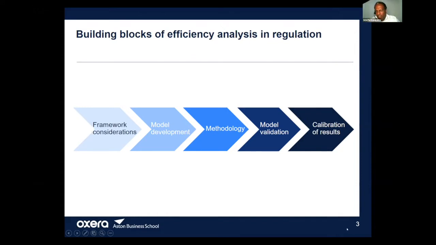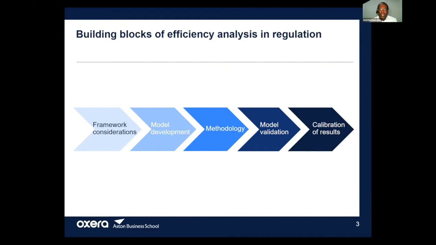My presentation is going to be a bit conceptual, a bit abstract. What I intend to do is to provide you with an overview of how efficiency analysis fits in regulation. And Emmanuel will follow it up with his idea on how incentives can be used to strengthen and stimulate efficient behavior.